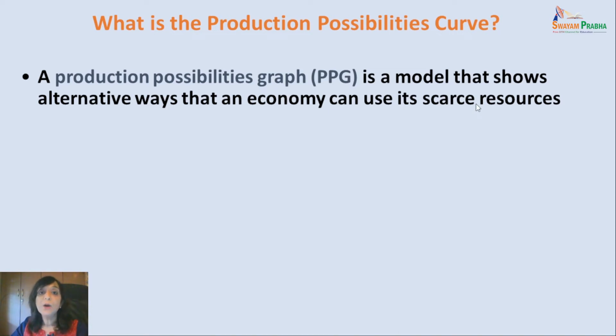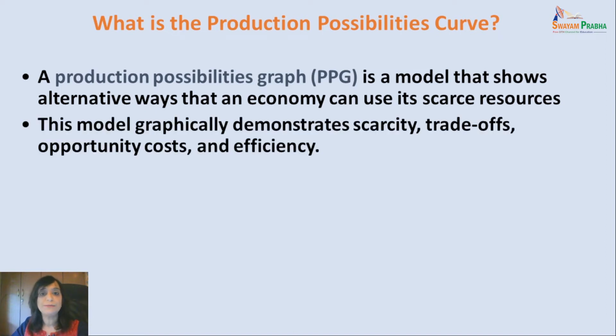That is, how the scarce resources of the economy can be used in different ways. What can be the available combinations of goods which can be made available to the economy? This model is a graphical model and it demonstrates scarcity, trade-offs, opportunity cost and efficiency.